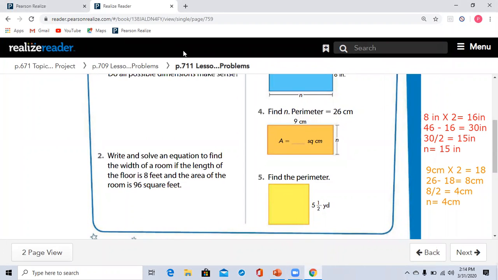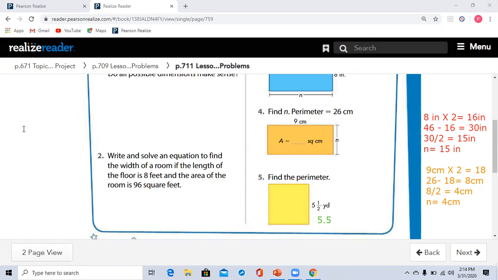Let's look at question number 5, in the green color on this side. They said find the perimeter, but they're only giving us one side of the fence. I know that I can write 5.5.